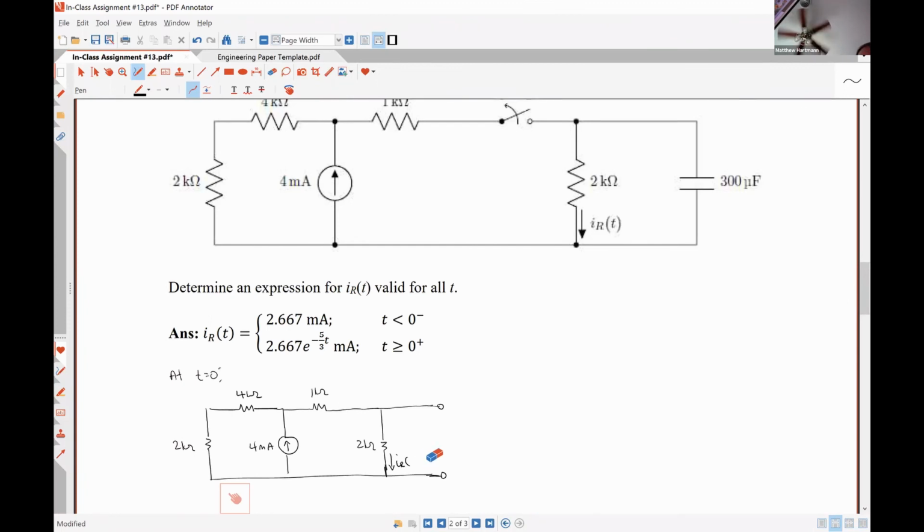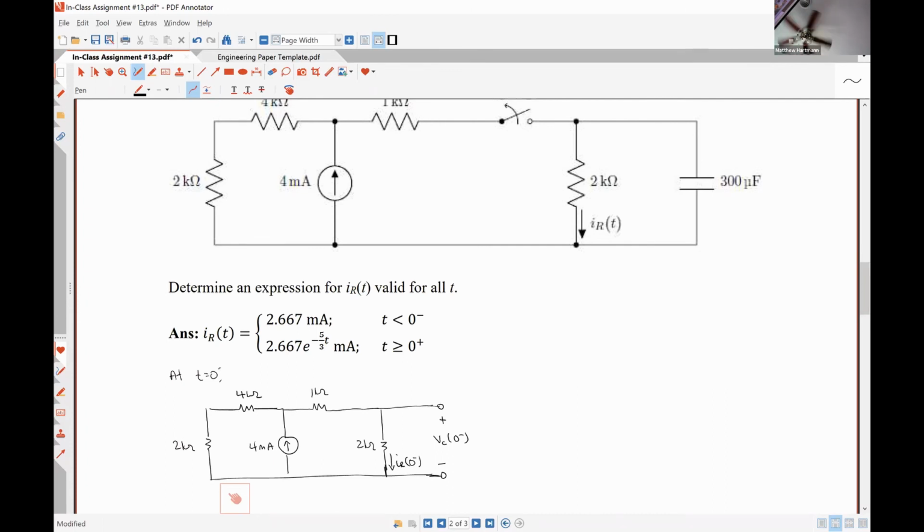So one thing that I'm not specifically asked for, but that I am going to have to pay attention to, is the capacitor voltage at t is equal to 0 minus as well. The reason why I have to pay attention to this, even though I'm not specifically asked to calculate it, is because since the capacitor voltage cannot change abruptly, I need to know how to treat my capacitor at t is equal to 0 plus.